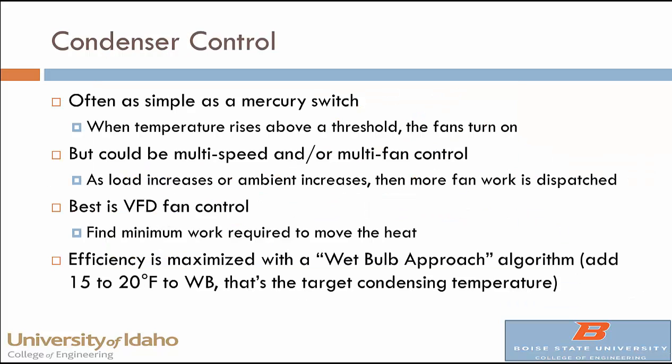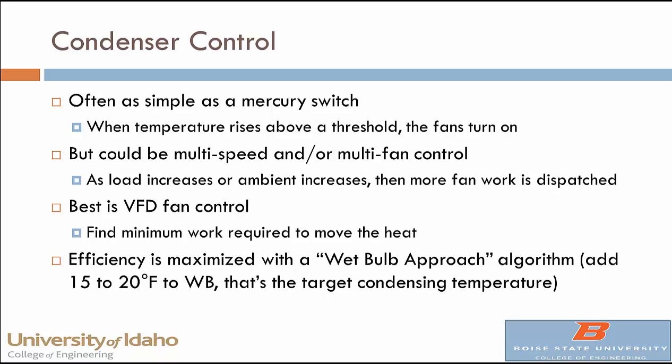Okay, so condenser control. How do these things work? Sometimes they're as simple as a little switch that, when the condenser temperature or pressure gets to a certain threshold, turns on the fans, right? But maybe they're multi-speed fans, with multi-speed control. This is a great application for variable frequency drives for these really big units, if there are big shifts in outside temperature or big shifts in refrigeration capacity.